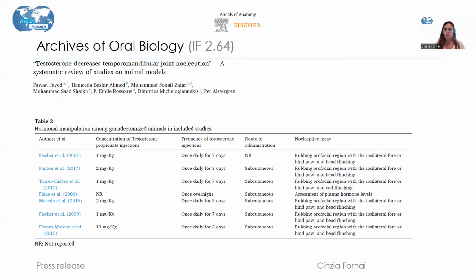Pre- and postoperative nociception in these animal models was assessed by examination of rats' behavior, such as rubbing of the facial region with the paws or head flinching. All studies confirmed that testosterone administration in gonadectomized male rats reduces induced TMJ nociception.